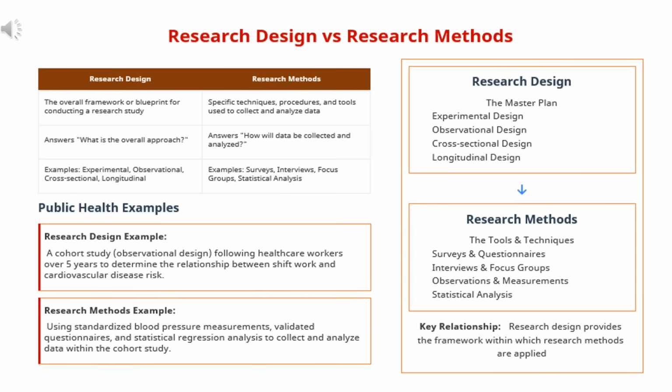This could include using standardized blood pressure measurements, validated questionnaires to gather information on lifestyle, and then applying statistical regression analysis to interpret the findings. Then, this shows how the design sets the stage and the methods are the actors performing the data collection and analysis.